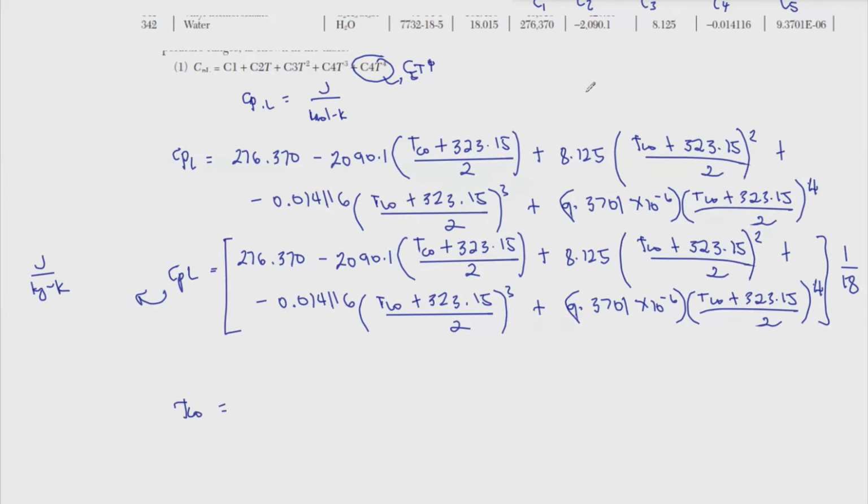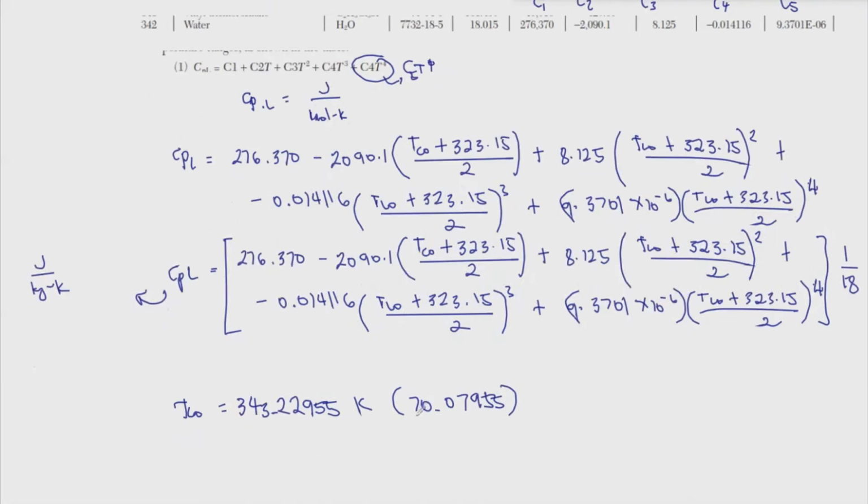Okay, so solving for that, what we get is 343.22955 Kelvin, which is equivalent to 70.07955 degrees Celsius. So this is our cold outlet fluid, which is higher than, of course, the inlet.